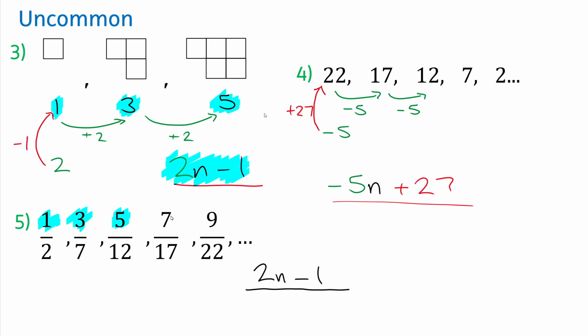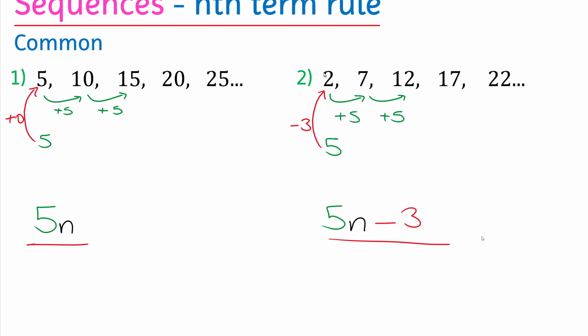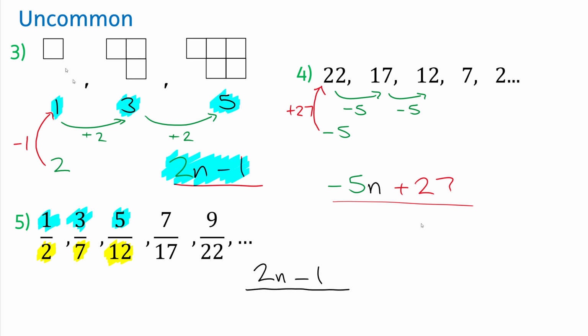Well, you might have spotted that the denominator, 2, 7, 12, and so on, we're adding 5 each time. We saw here in question 2, 2, 7, 12, and this had the nth term rule 5n take 3. Also, our denominator has the nth term rule 5n take 3 as well.